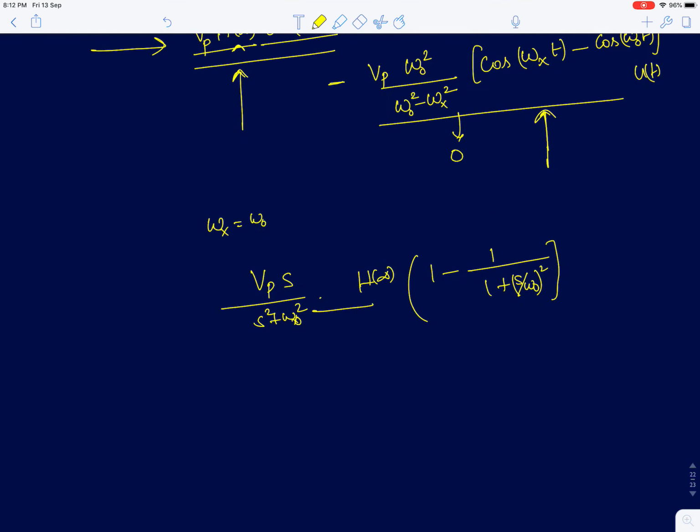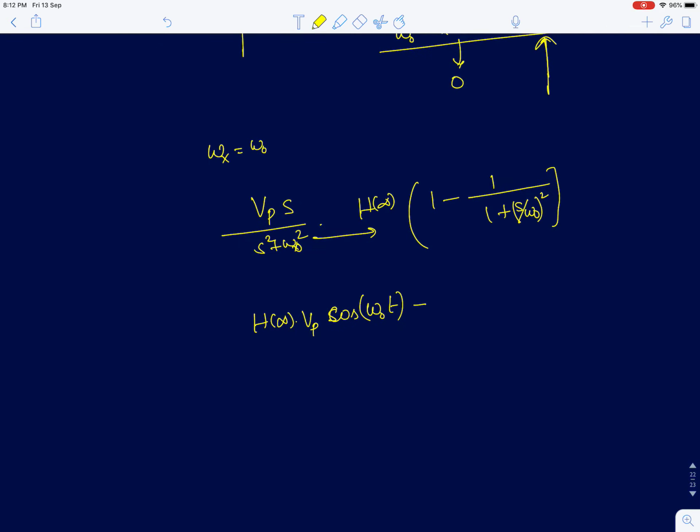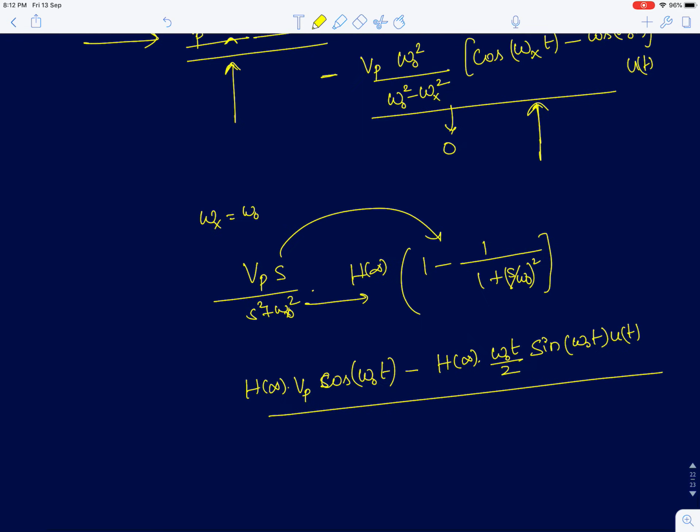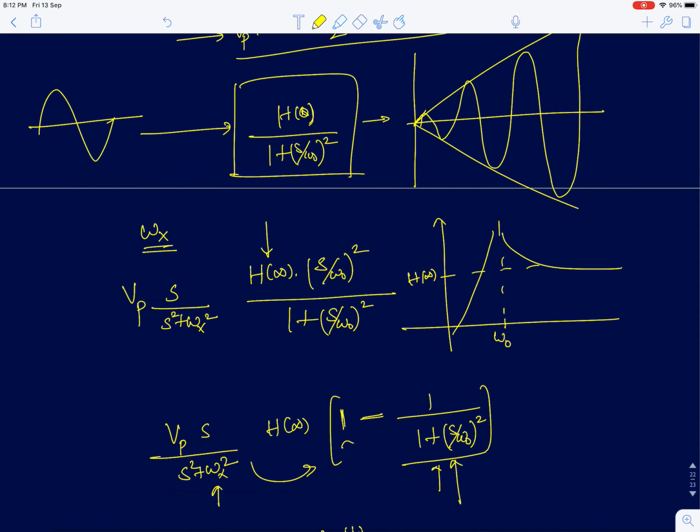I'm going to feed this to this, so you'll actually get h infinity Vp cos omega naught t, minus, when this is being fed to this, h infinity omega naught t by 2 sine omega naught t into u of t. So this is the response we'll be getting. I think we got a similar response for a low pass filter.